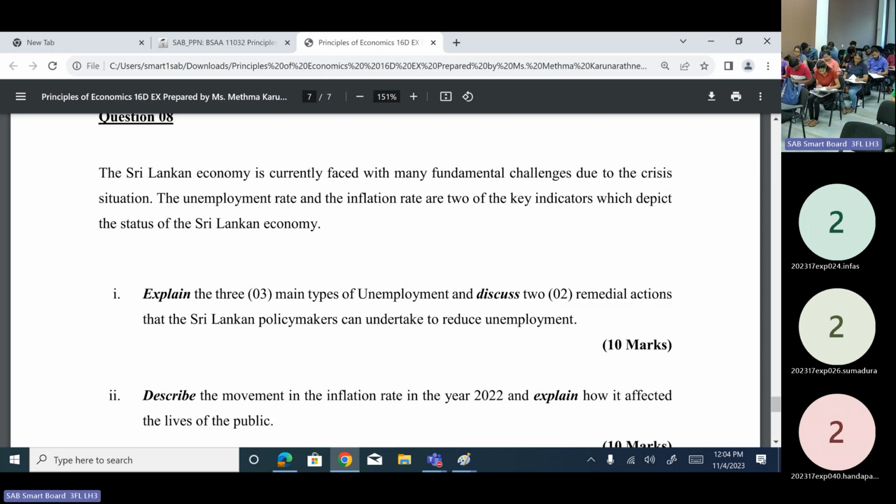Third point. Black market operations were in place and consumers suffered even more.